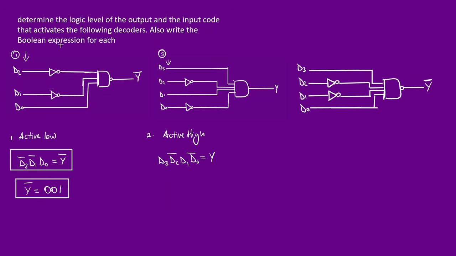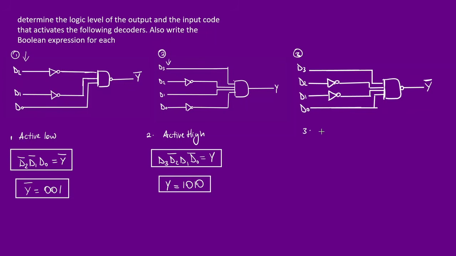So this is the Boolean expression. We were meant to determine the input code. So the input code for this would be 101010, and that's all there is to decoders.